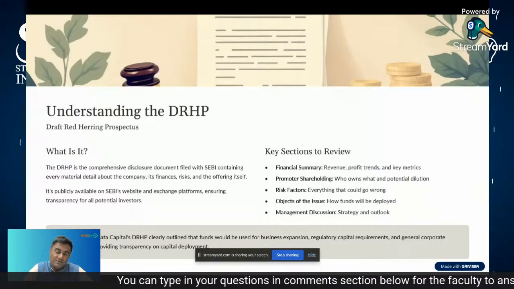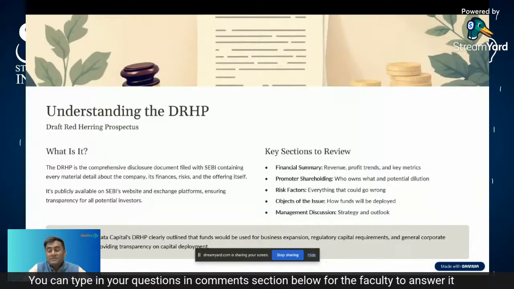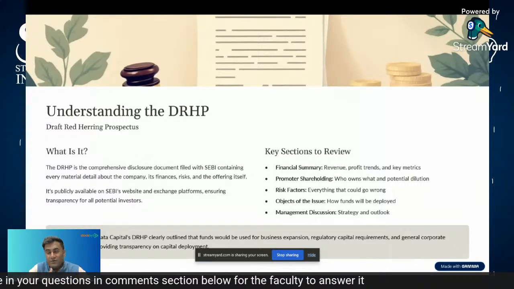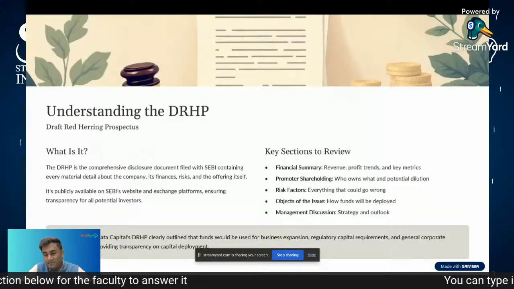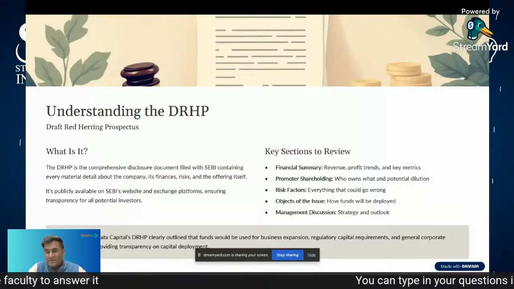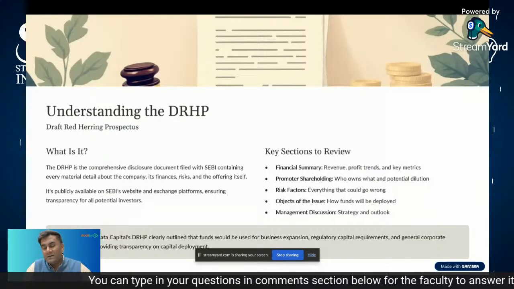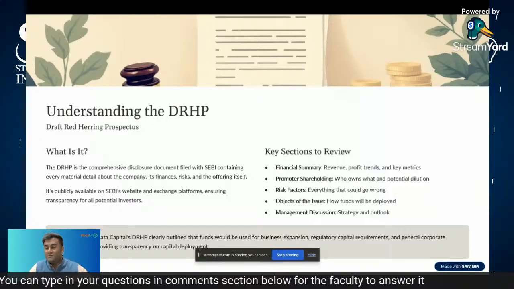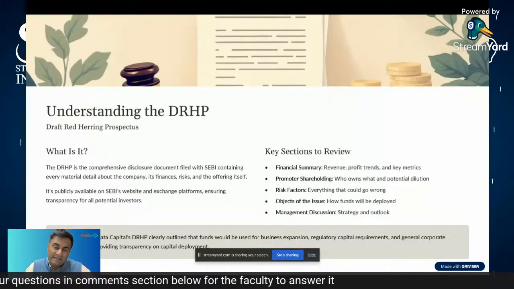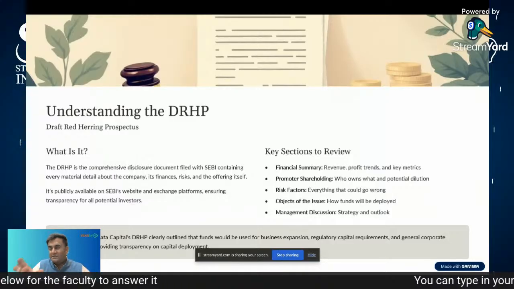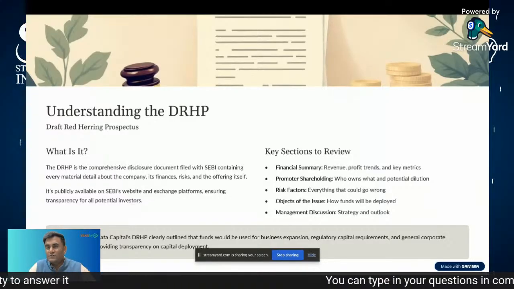Objects of the issue, yes. This brings a lot of clarity to us, basically how funds will be deployed. Because many times I've seen that in the financial summary or even in the promoters' notes to the shareholders, they tend to use a lot of corporate jargon, and deliver a softer blow.